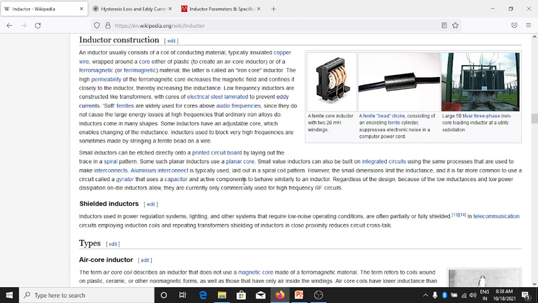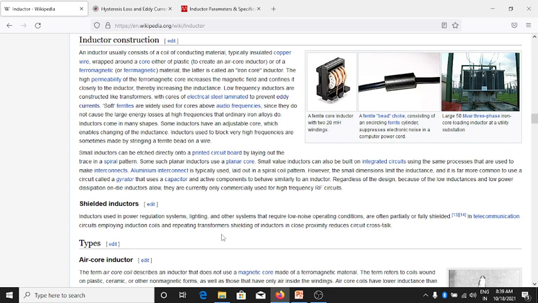Regardless of the design, because of the low inductance and low power dissipation, on-die inductors are currently only commercially used in high-frequency RF circuits. Shielded inductors: inductors used in power regulation systems, lighting, and other systems that require low-noise operating conditions are often partially or fully shielded.